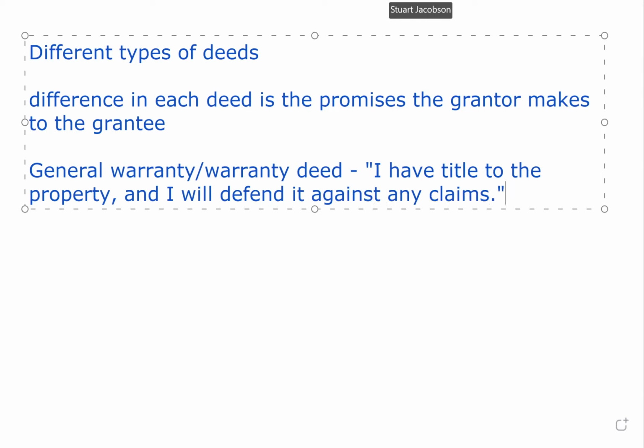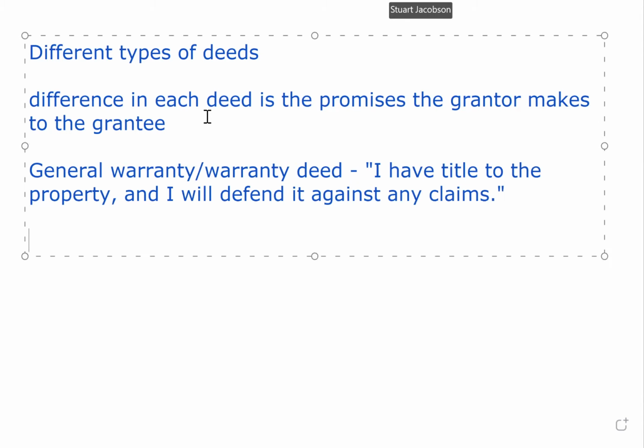If someone claims superior title, or a higher title, saying they have ownership of that property, the grantor is saying, I'll defend your ownership against that. They're basically guaranteeing your ownership. It is the best type of deed that a grantee could get.